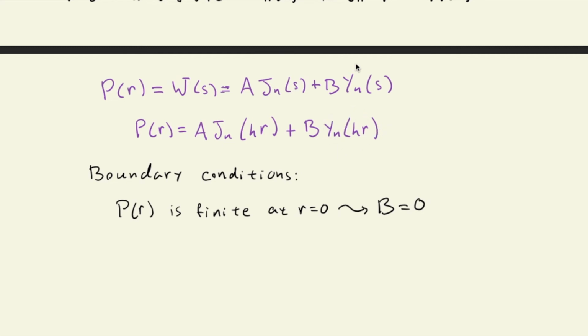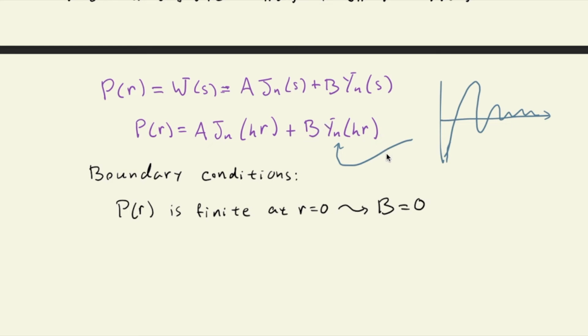It's supposed to be a capital Y, so I'm going to put a little bar right there. But these functions over here, the Bessel functions of the second kind, they go to infinity at R equals 0. They kind of look like this. Something like that. They go to, or negative infinity or something. It depends on whether B is positive or negative.